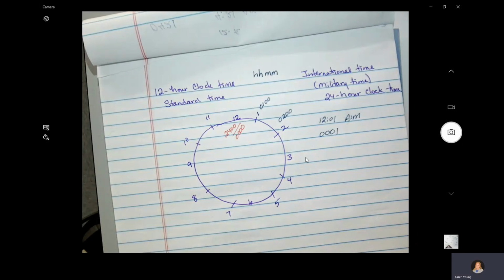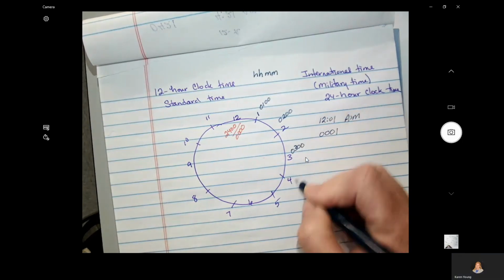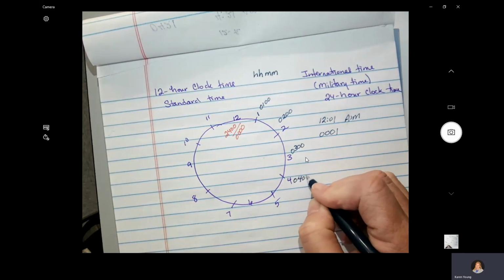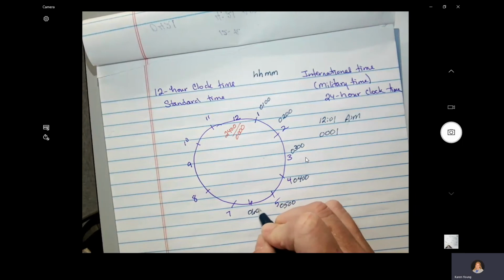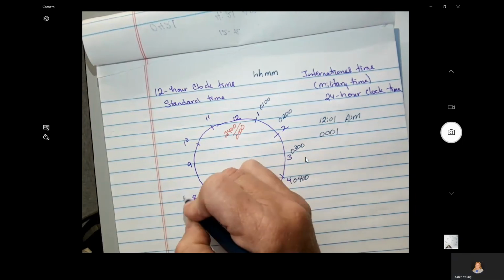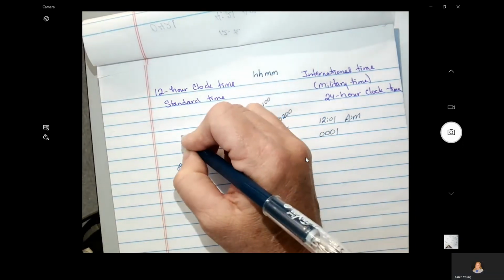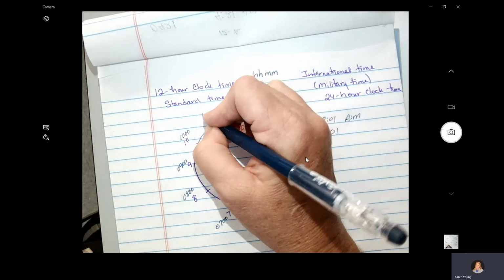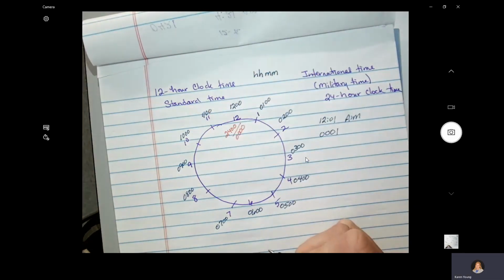If the hour is less than 10, there's a 0 in front. So 0300, 0400, 0500, 0600, 0700, 0800, and 0900. 10 is 1000, 11 is 1100, and noon is 1200.